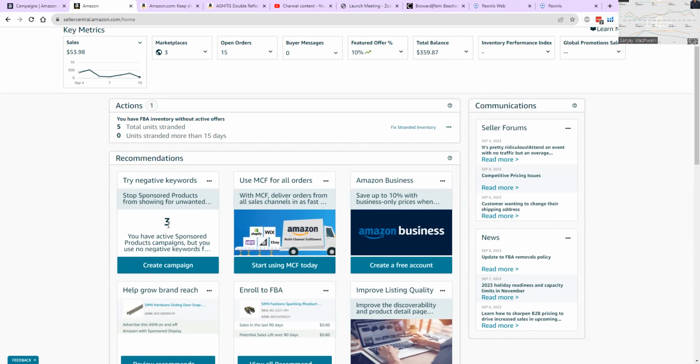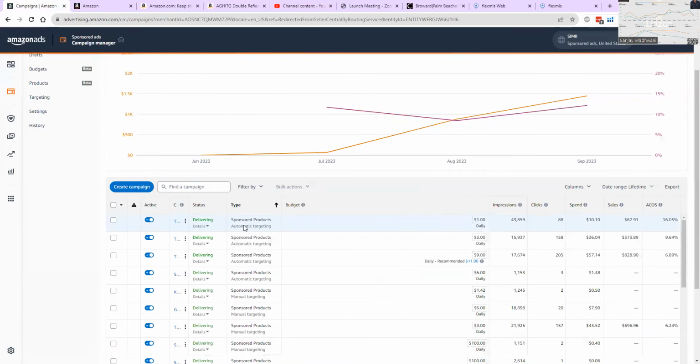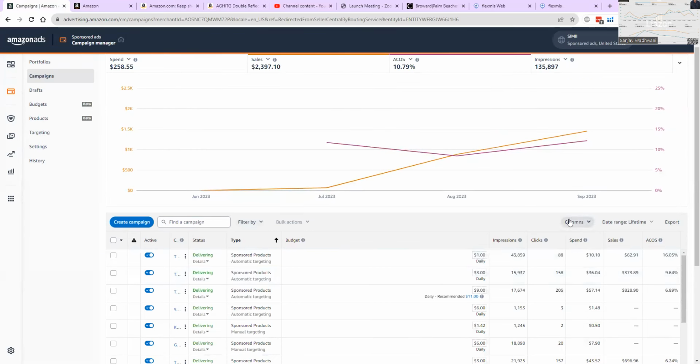The reason why I don't care is, for example, here: try negative keywords. Stop sponsored products from showing for unwanted. Okay, what are they asking me to stop? Sponsored products? So let's look at our campaigns. This is sponsored products right here. Well, look at this.